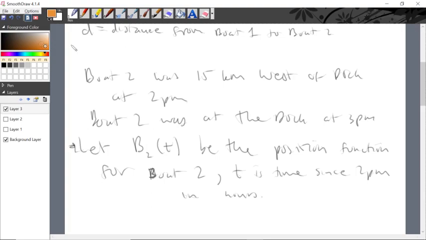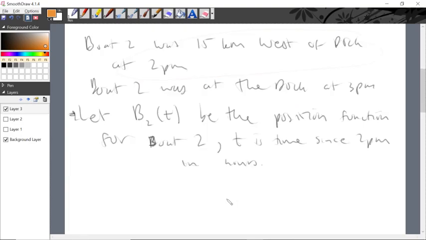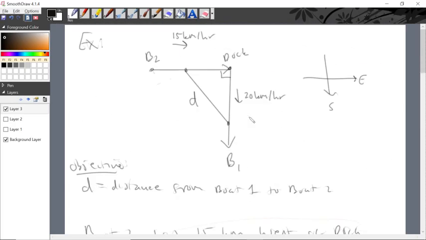All right, so this statement here, that it was 15 kilometers west of the dock at 2 p.m. And the position function, by the way, the position will be relative to the dock, since that's a central point to reference for both boats. So if the dock is position 0, imagine this on a number line.